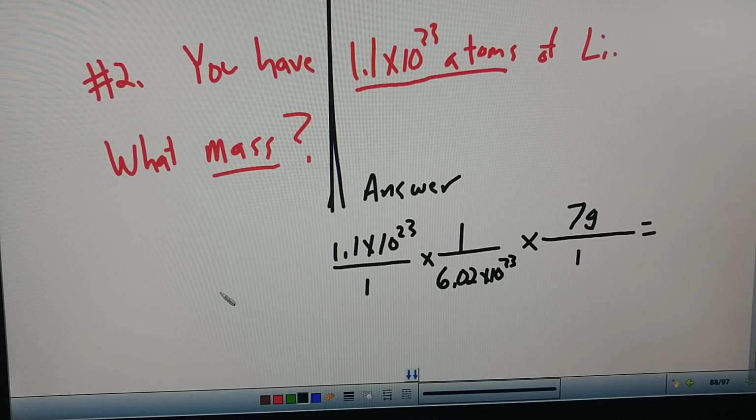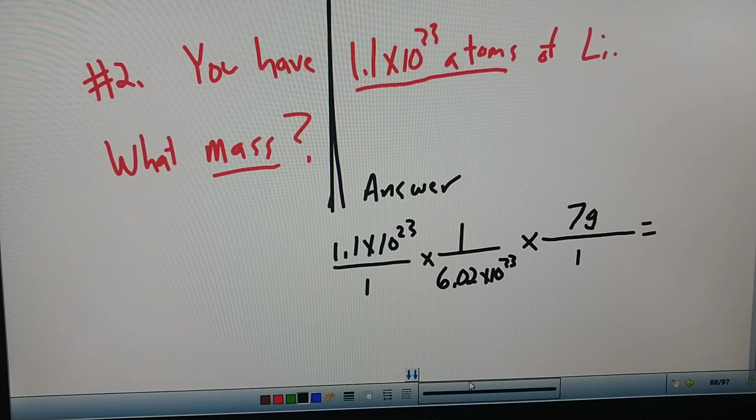So we would say 1.1 times 10 to the 23rd divided by 6.02 times 10 to the 23rd times 7 equals 1.28. No, 0.128. I'm having a hard time. Oh, no, sorry. 1.28 grams.